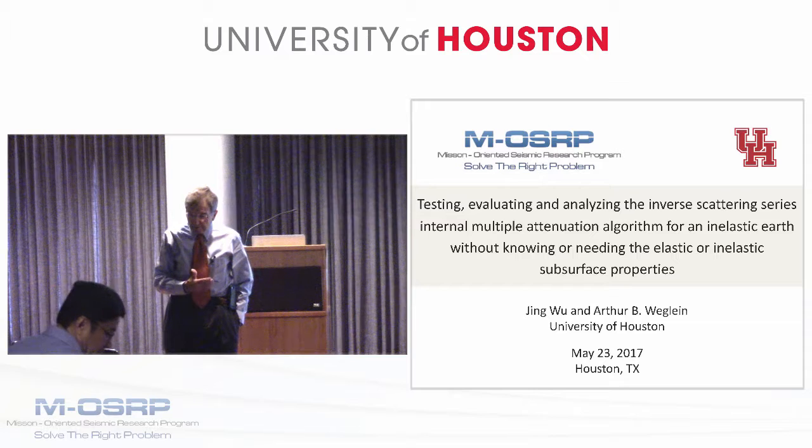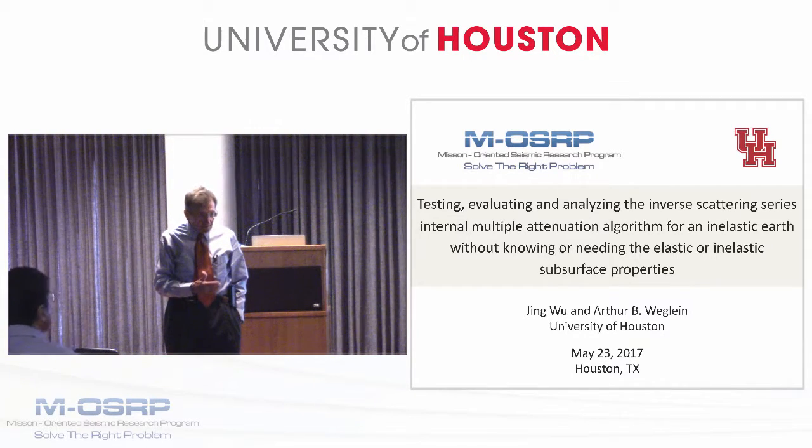And the internal is the same. The internal is more complicated to prove. There's a paper in Inverse Problems in 2003 where I proved that the internal multiple algorithm is independent of Earth model type.